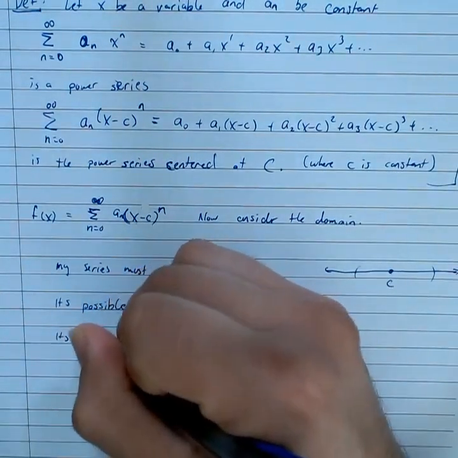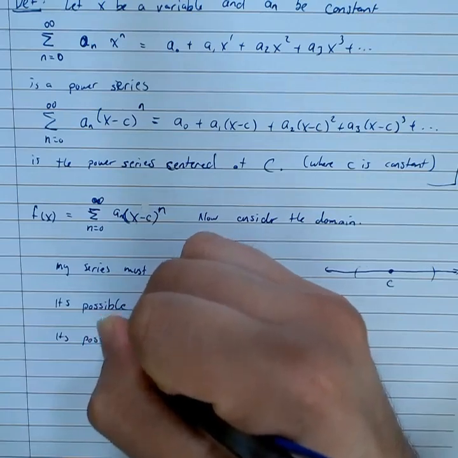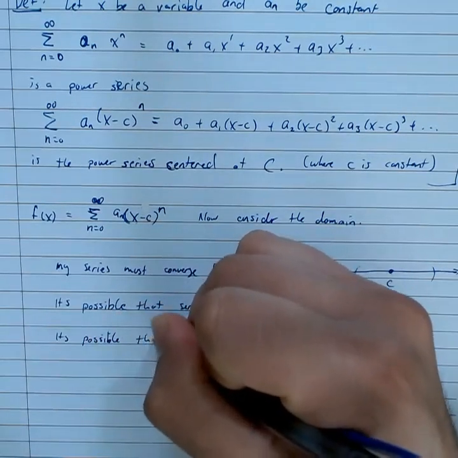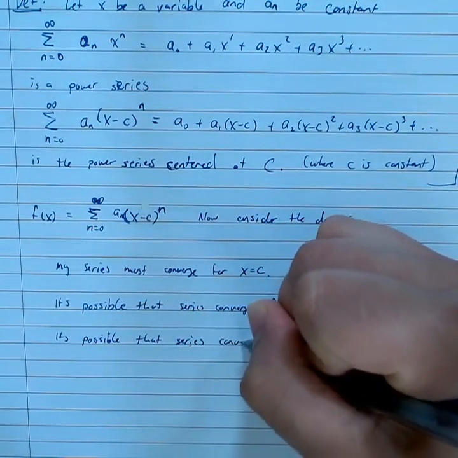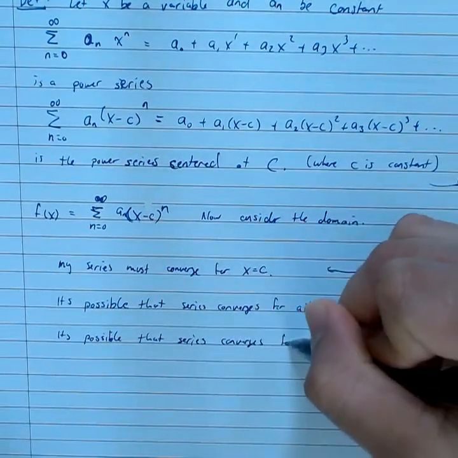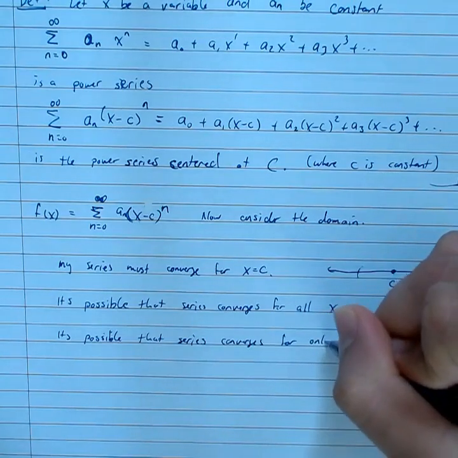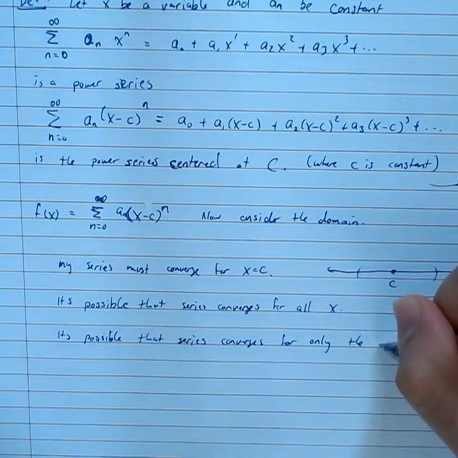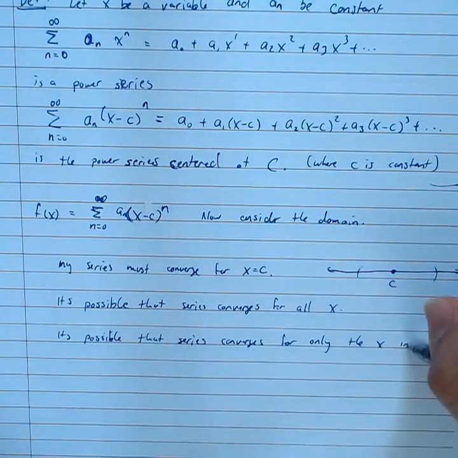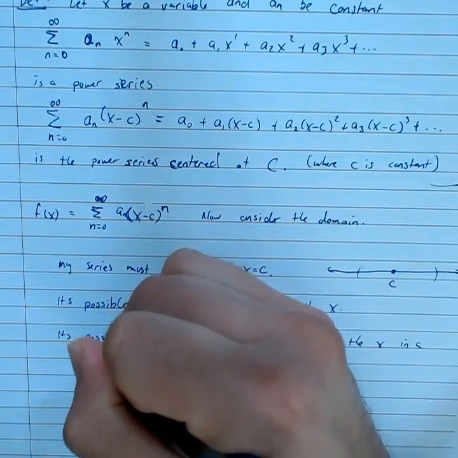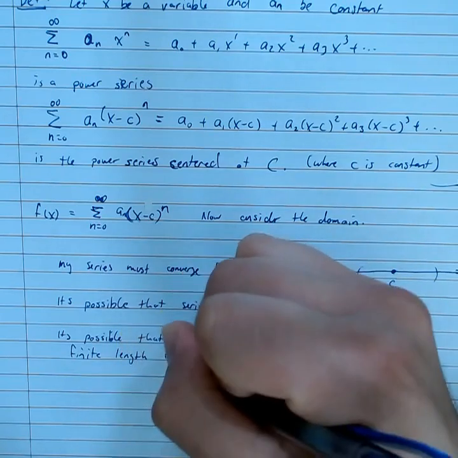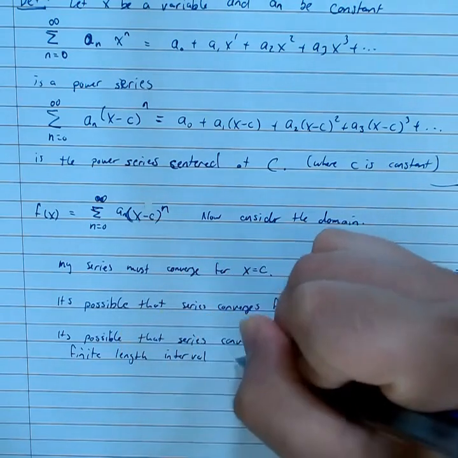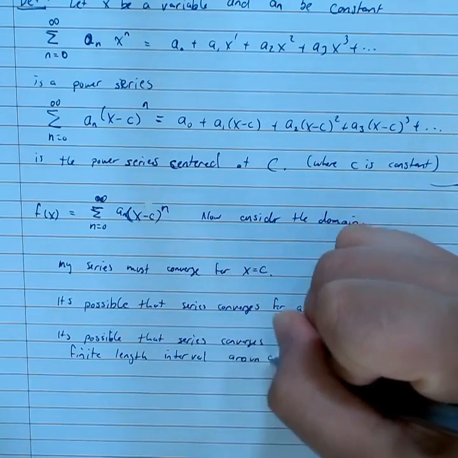It's possible that the series converges for only the x in a finite length interval around c.